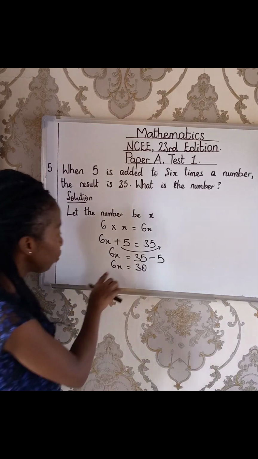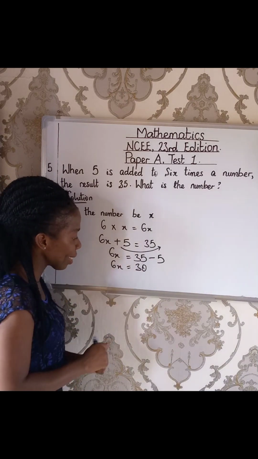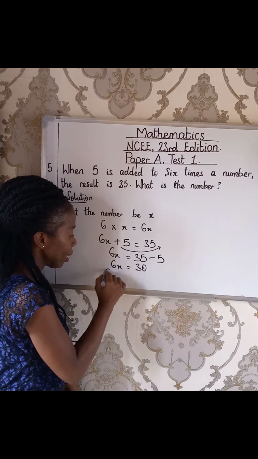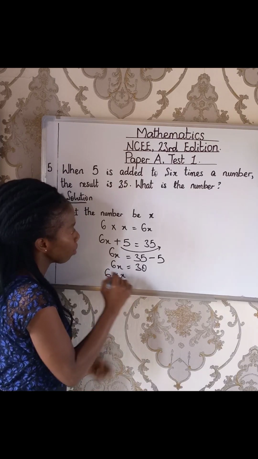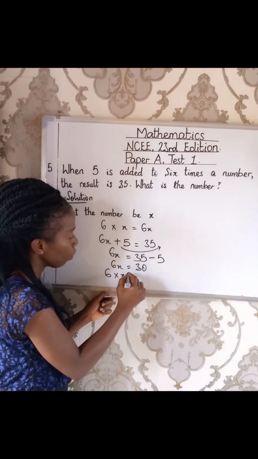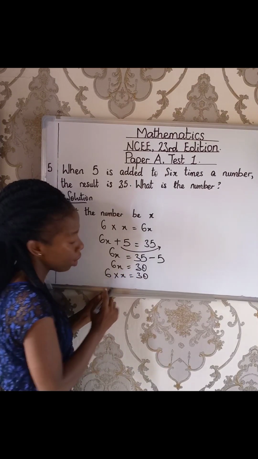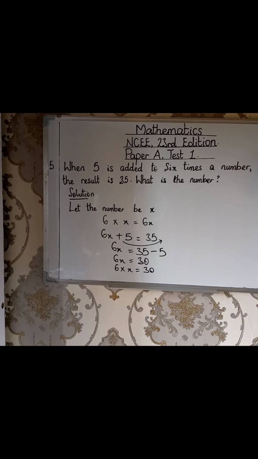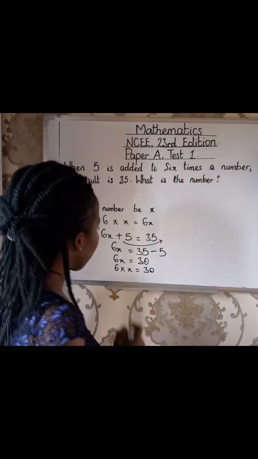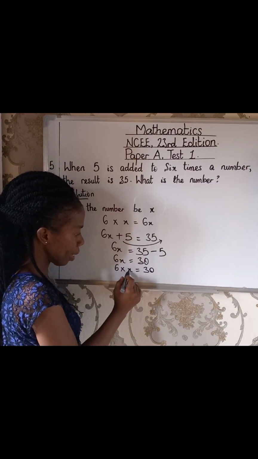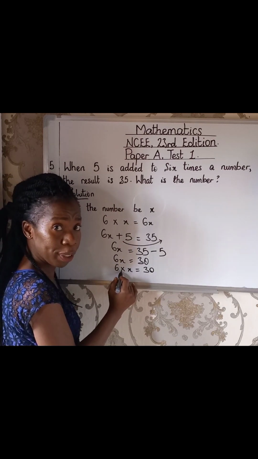This is the same thing as saying 6 times x. Remember, that was what we did here. Equals 30. Remember that what connects 6 and x is this multiplication sign.